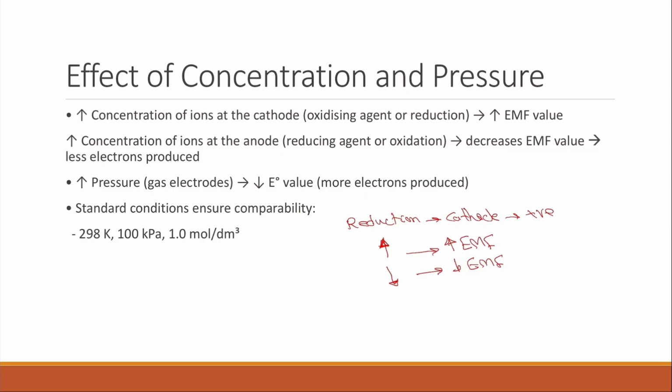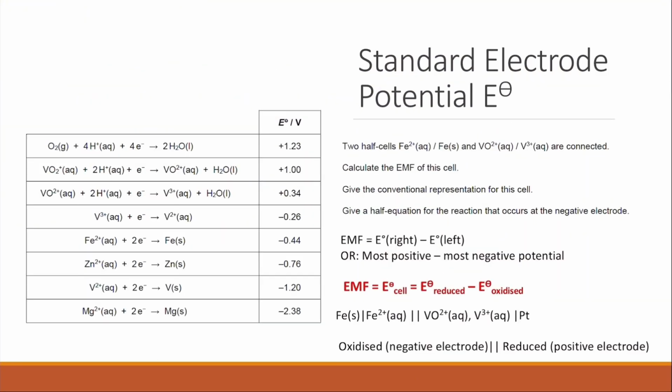If you increase the concentration of the ions at the anode where the oxidation takes place, then that will decrease the EMF value. And vice versa again: if you decrease the concentration of the ions at the anode, that will increase the EMF. Also, the pressure can play a role. Increasing the pressure will decrease the standard electrode potential. This is why we need to measure everything under standard conditions.